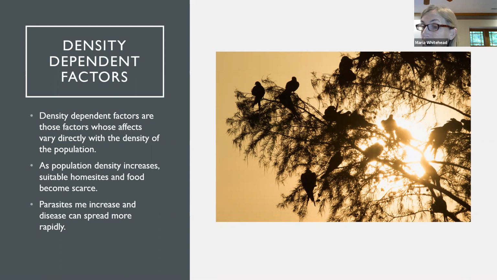Females may stop breeding. The rate at which nestling young are killed by their own parents can increase, and even the rate at which juveniles are forced to disperse from the population can be greater. We see parasites and disease increasing as populations increase as well.